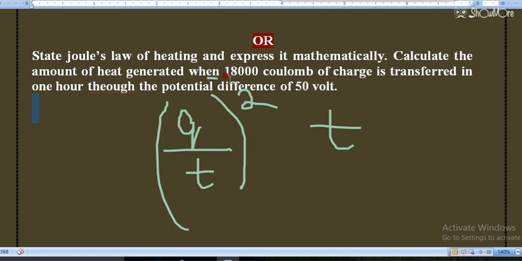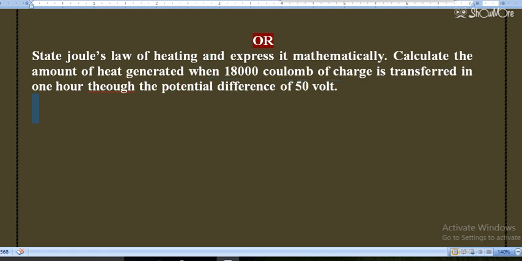But in this question resistance is not provided. The charge is 18,000 coulomb, and potential difference is also given.